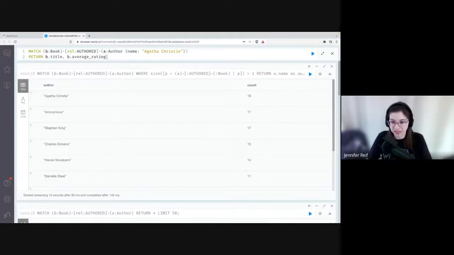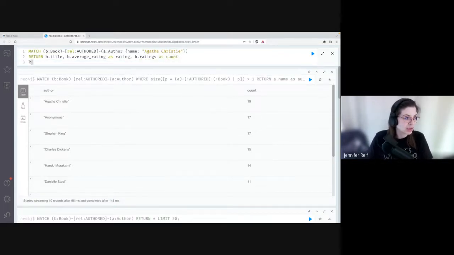And let's find her best and her most rated books, as rating, and ratings as count. And then let's order by the top rating in descending order, and then order by the count of ratings in descending order as well.